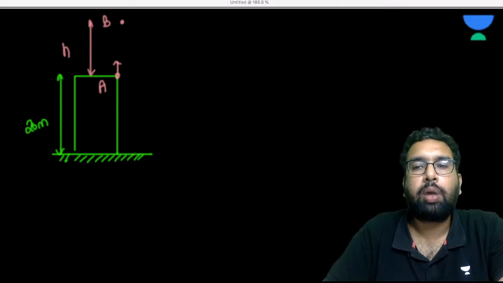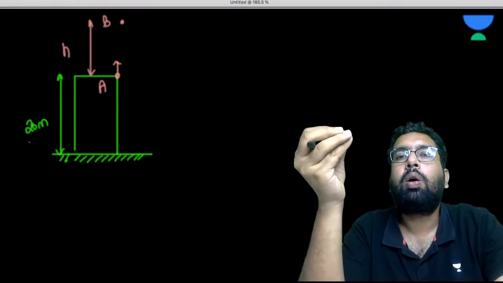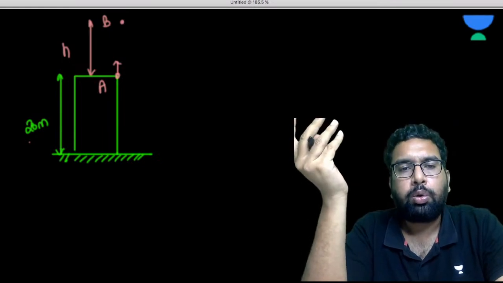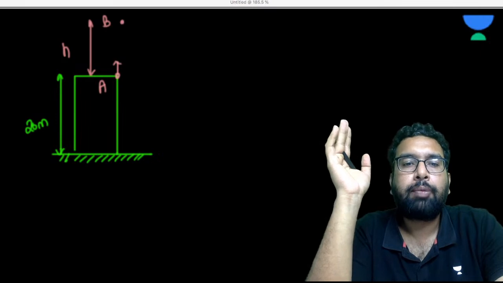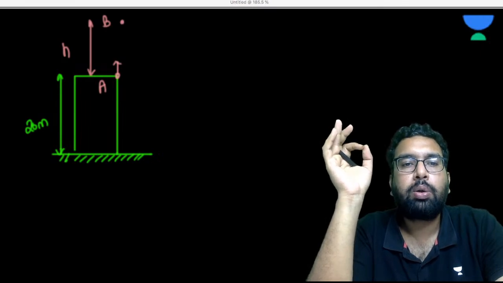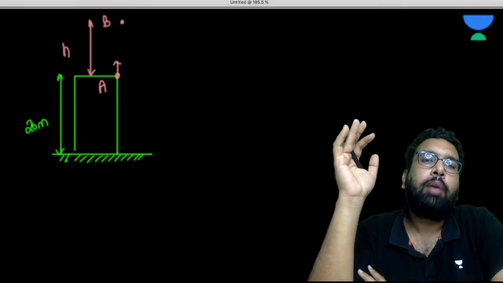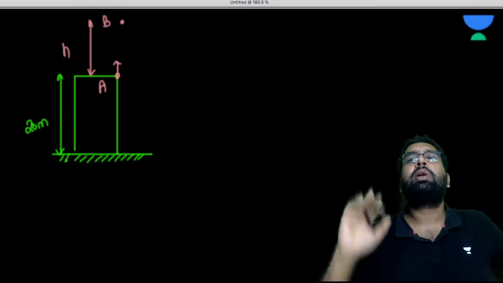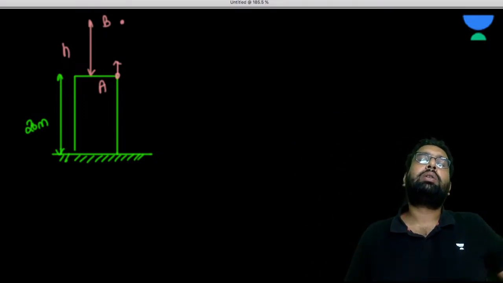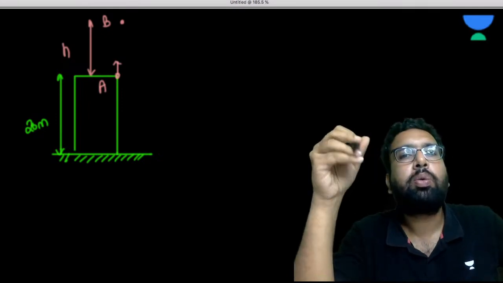Now you have to think a little bit here. Whenever you project something vertically, it is going to reach a height. Think practically. When we are throwing something upwards, it is moving against the acceleration due to gravity.